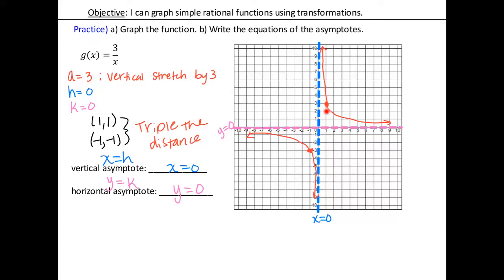So if that dot is 3 units away from the asymptote, it should be 3 units away on the other side as well. And then again, way to check, these should always be across from each other. If you end up with something on this side like this, that should give you a clue that you did something wrong. Those should not be next to each other. They should always be across from each other, okay?